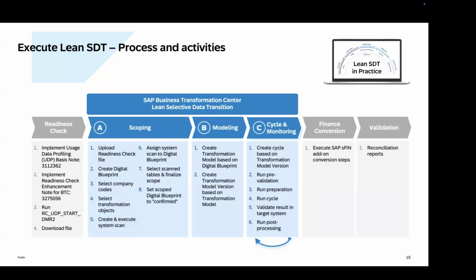executing the readiness check, creating a digital blueprint, doing the scoping exercises, meaning having a look at the company code, having a look at the detailed data for transformation objects.